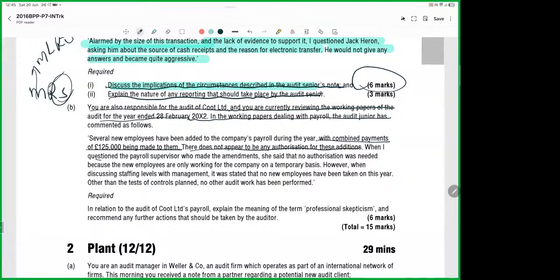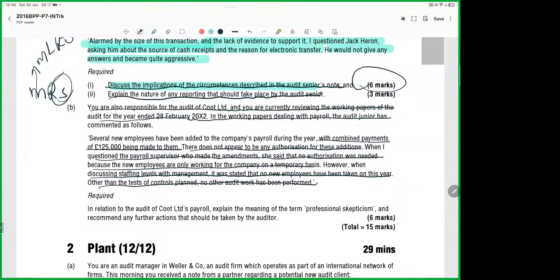When I questioned the payroll supervisor who made the amendment, she said that no authorization was needed because the new employees are only working for the company on a temporary basis. However, when discussing staffing levels with management, it was stated that no new employees have been taken on this year. Other than test of control planning, no other audit work has been performed.